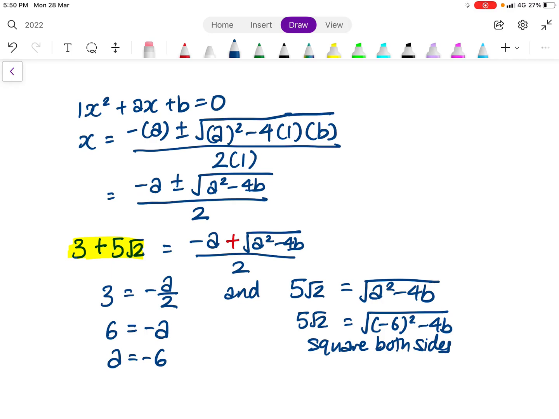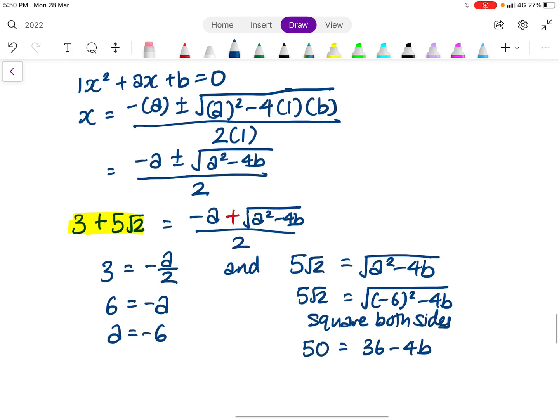I square both sides. Square the left hand side, I get 25 times 2, 50. Square the right hand side, I get 36 minus 4b. So 4b goes here, 36 minus 50 goes here. How come it looks wrong? I know why. I forgot to put divide by 2.